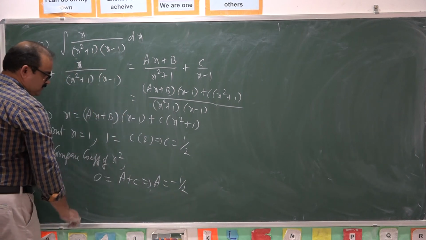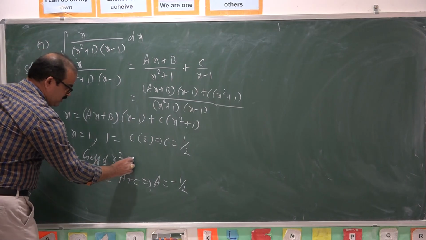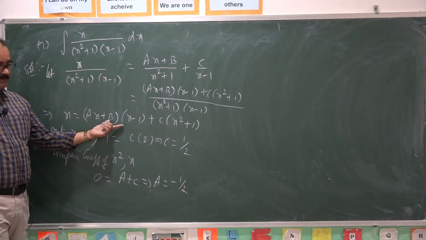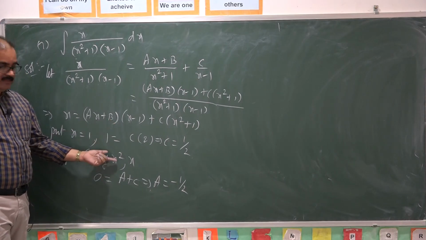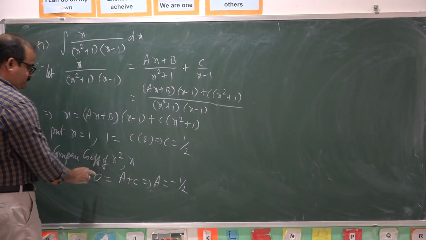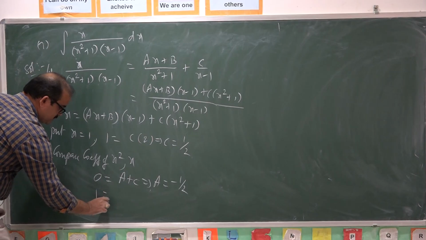Next, we need the value of b. Next, compare the coefficient of x. First we compared the higher power of x, next power of x, that is 1. Coefficient of x is 1 in LHS.